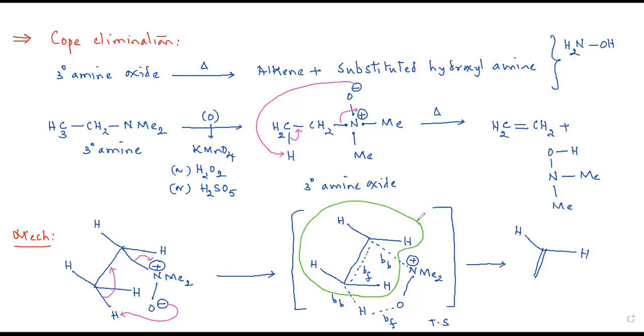This is your ethylene, and the remaining thing is the substituted hydroxylamine, NMe2OH. Okay. This is Cope elimination. A tertiary amine oxide on pyrolysis gives alkene.